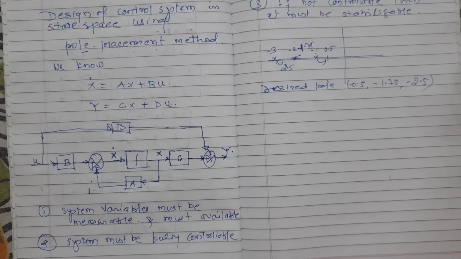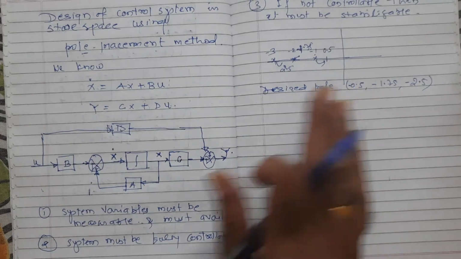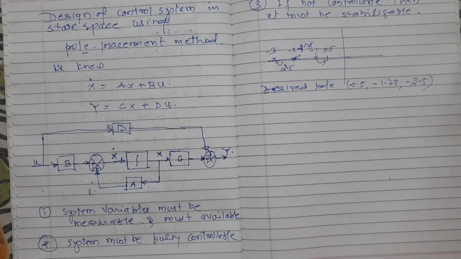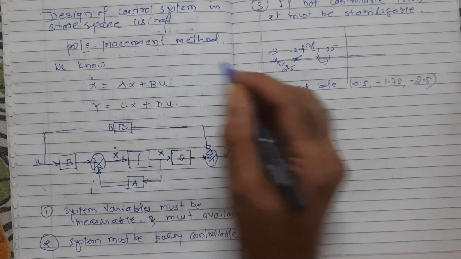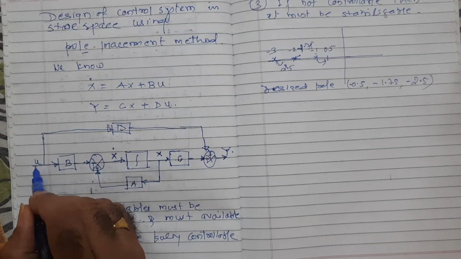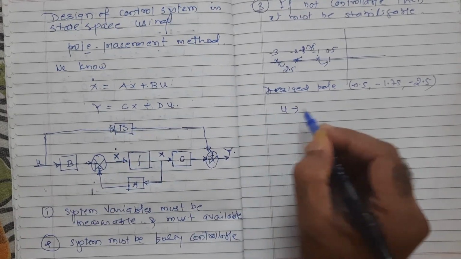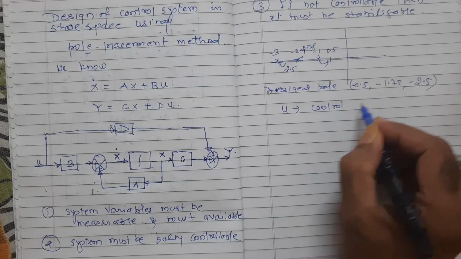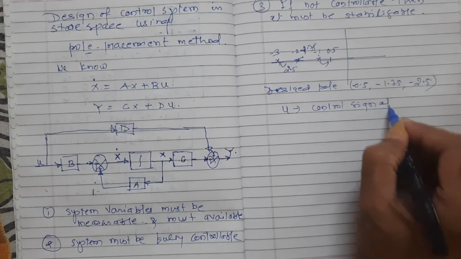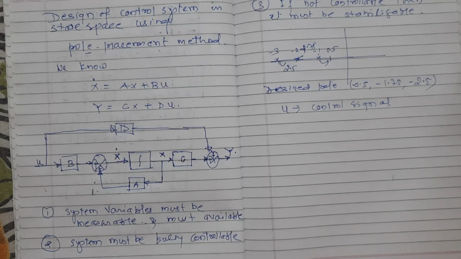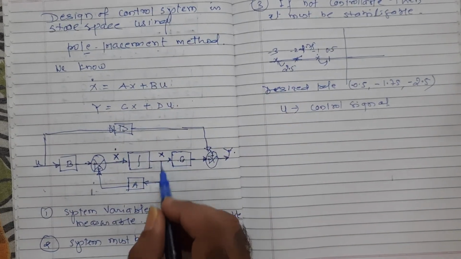Now see here, for this pole placement method, I will use the control signal. My control signal U is my reference input, but here I will use it as my control signal, which is based on my feedback.